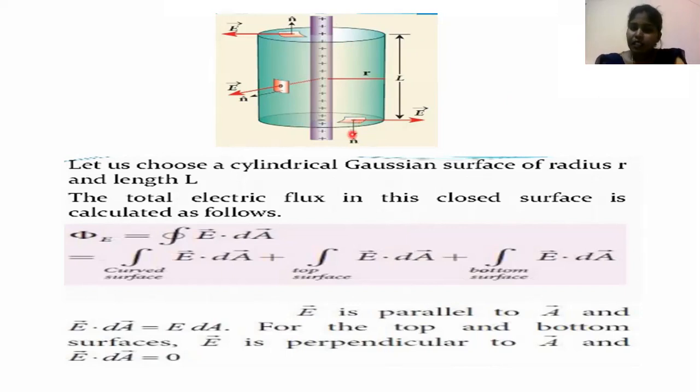This end cap is nothing but the dA vector. Since E and dA make an angle of 90 degrees at the top and bottom, the flux is going to be zero, because E dot dA, written in full form, is E dA cos theta, and cos theta is zero. So the total flux there is zero.